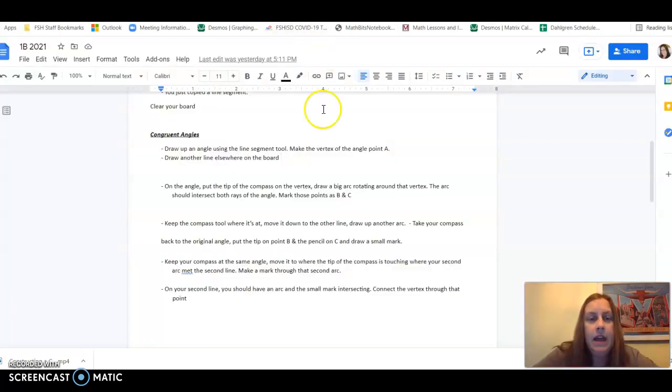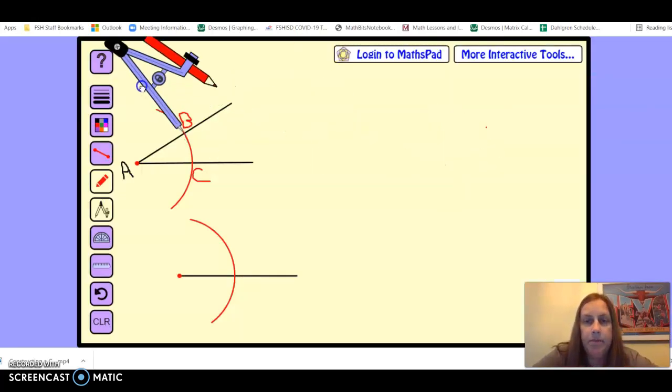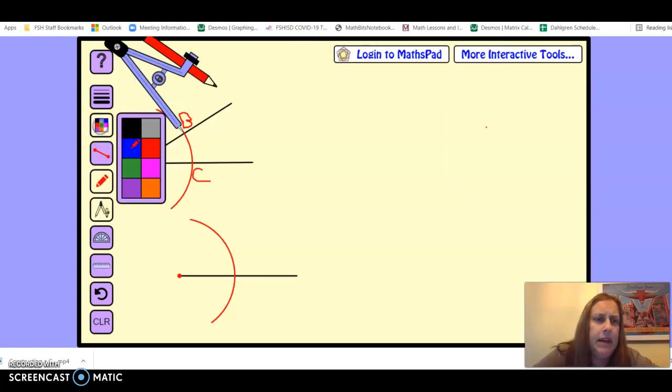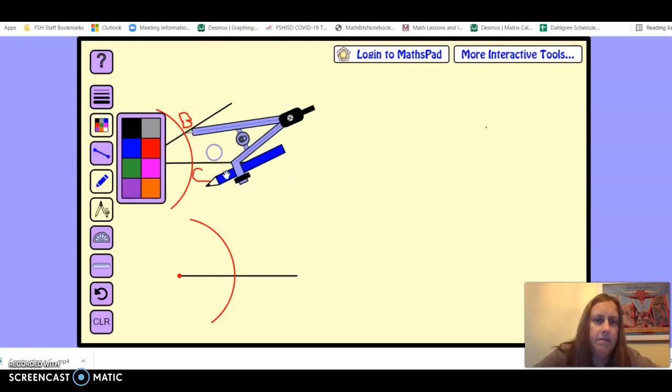Okay? All right. So now you're going to take your compass back to the original angle, put the tip on B and the pencil on C, and we're going to draw a small mark. So what we're doing is we're coming up here, and we'll put this tip on B, and change the color to blue. I'm going to put the pencil on C, because we're going to be measuring that distance.